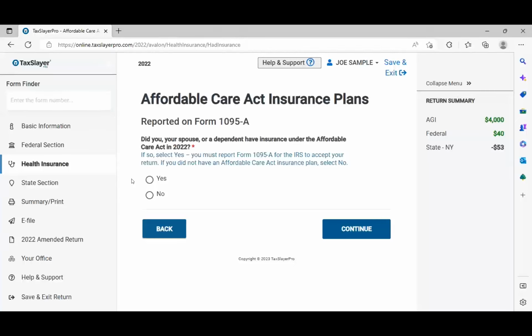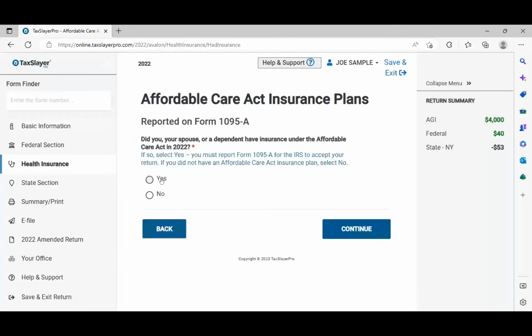People who do that will receive what's called the 1095-A form. And again, the information on that form will have perhaps an advance payment of the premium tax credit, we talked about that last week, or the premiums that they paid. Perhaps they might even be entitled to a premium tax credit, or a premium tax credit that was overpaid throughout the year and they have to pay it back.